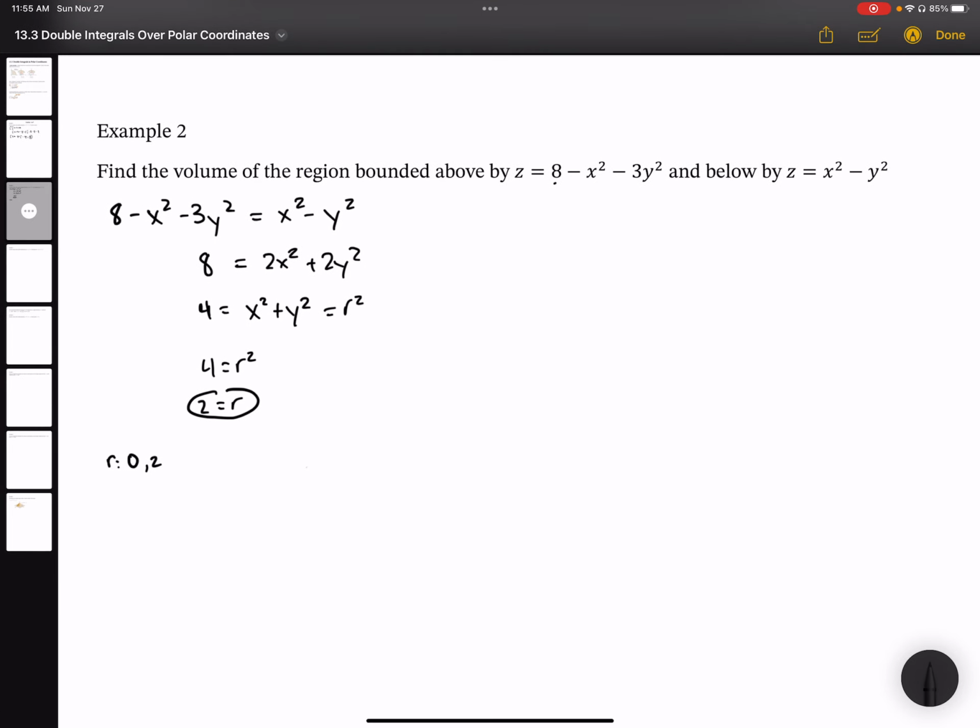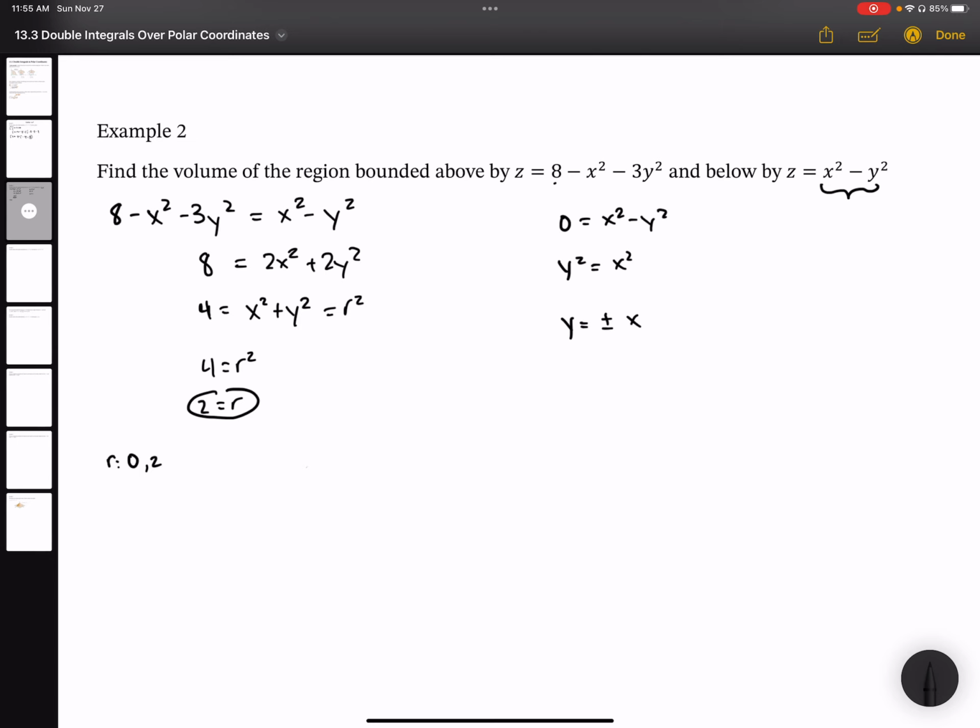If z is 0, then we can set this equation equal to 0. So 0 is going to equal x squared minus y squared. So y squared equals x squared. Now we can take the square root of both sides. So y is going to equal plus and minus x.